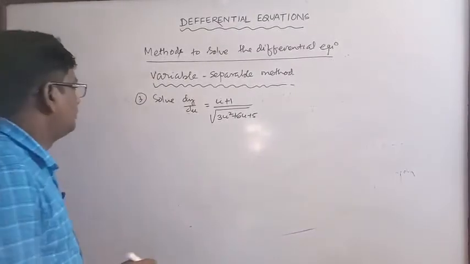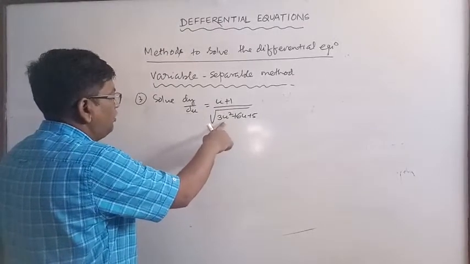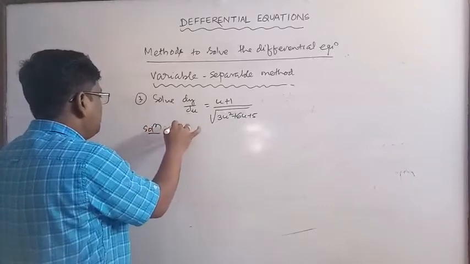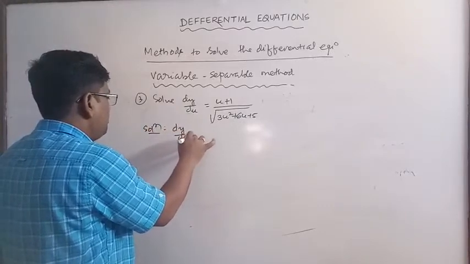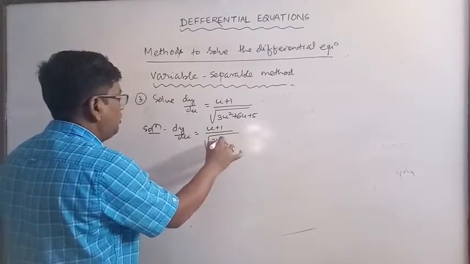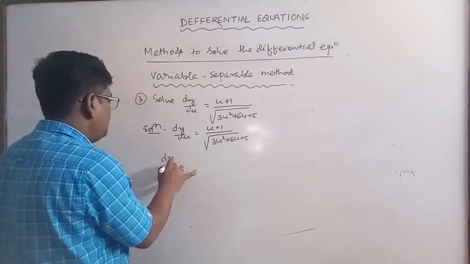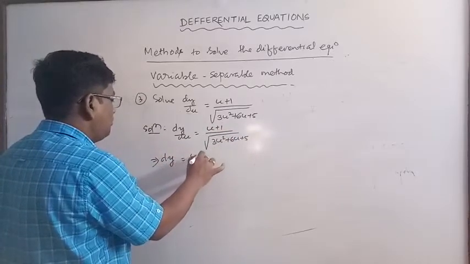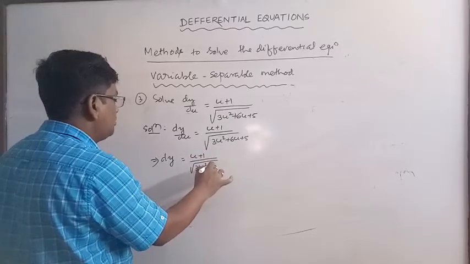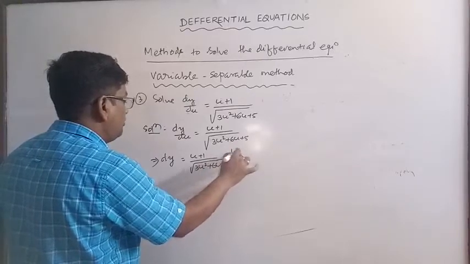Solve dy by du equal to (u plus 1) divided by square root of 3u square plus 6u plus 5. Solution: dy by du is (u plus 1) by square root of 3u square plus 6u plus 5. Now dy is equal to (u plus 1) divided by square root of 3u square plus 6u plus 5, into du.